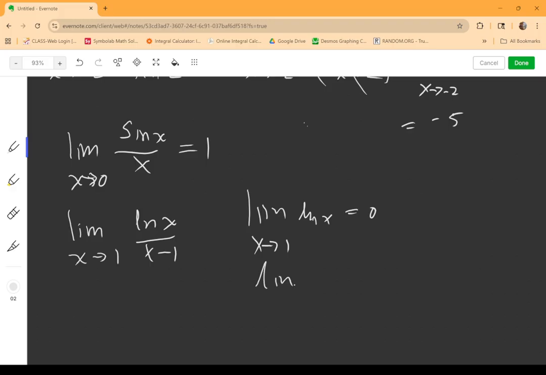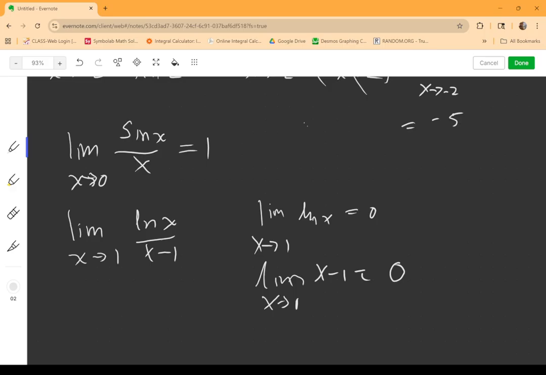And then the limit as x approaches 1 of x minus 1, so plugging in 1, we also get 0. Okay, so we could see that both of these quantities, the natural log and the x minus 1, are both approaching 0, right? So we're getting really small.